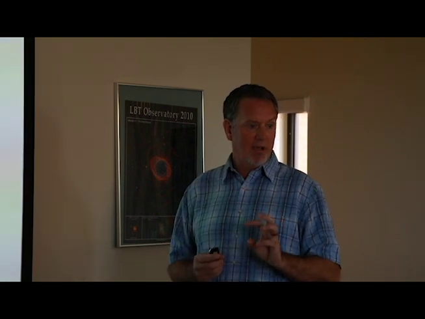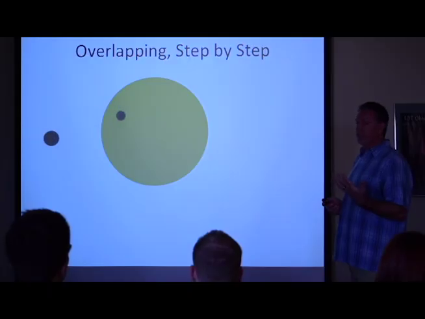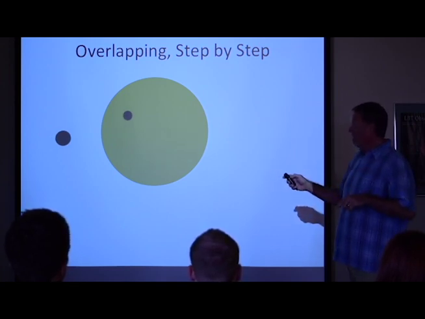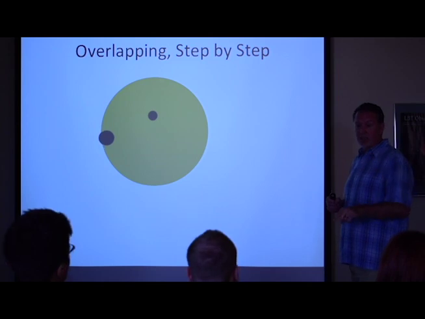Both dips are happening at the same time, so you wouldn't see them in your data independently, you'd see them overlapping. So imagine that you have this case where the first thing you see is all the light from the star, then you see the light start to dip and go down to some value that's the shallow dip, if you will. And it's going on for a little while, and then all of a sudden it starts to get deeper again.